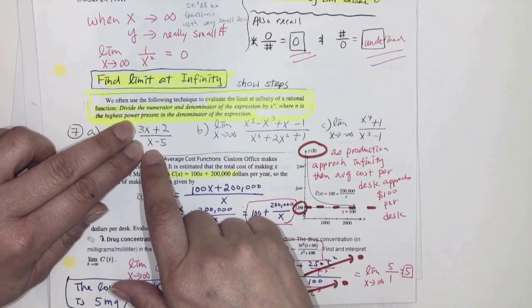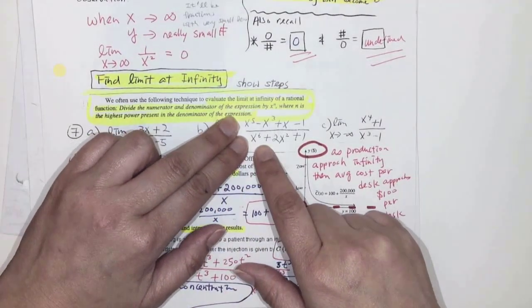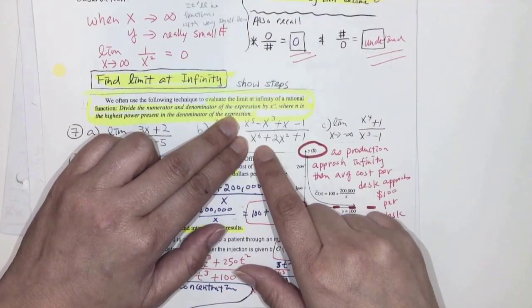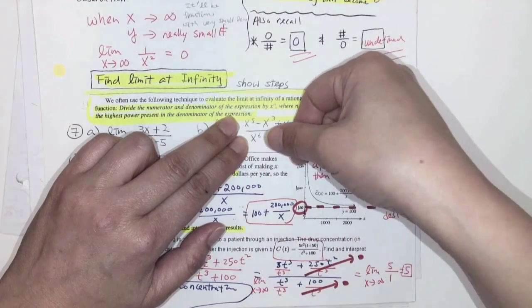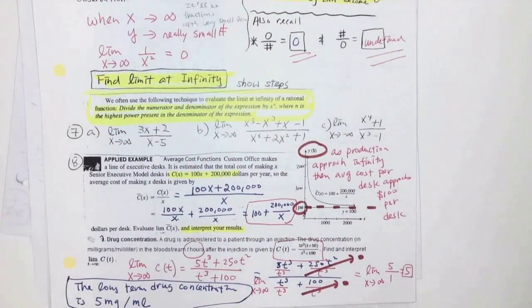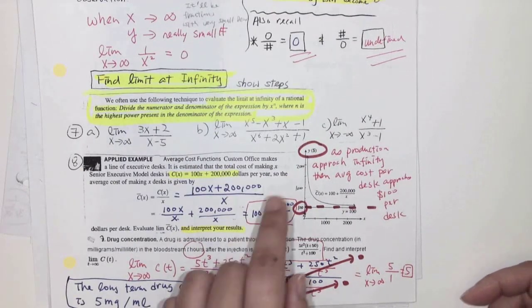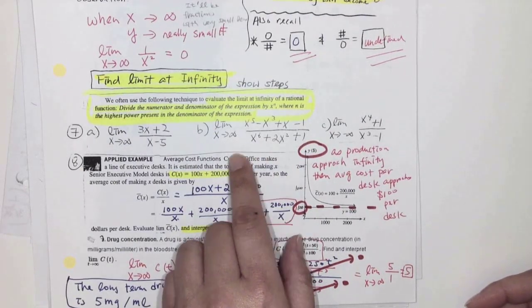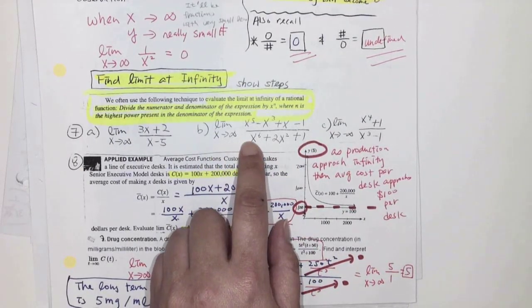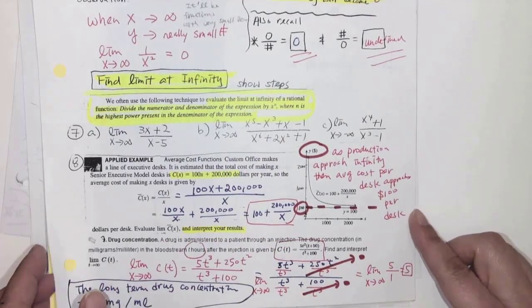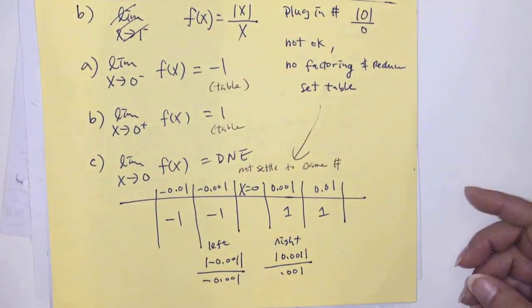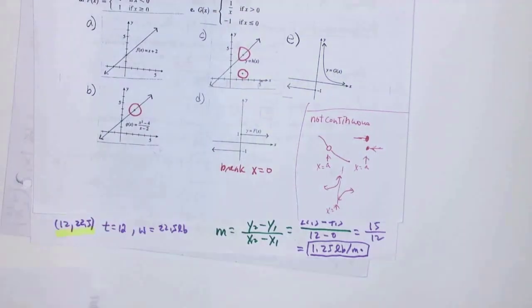That's the highest power from the bottom part. This one, we're going to need to divide each part by x to the 6th, because that's the highest power. And any term with an x in the denominator, because x is approaching infinity, that term is going to turn into 0. So that will help you solve those problems, okay? So that would be 9.2.